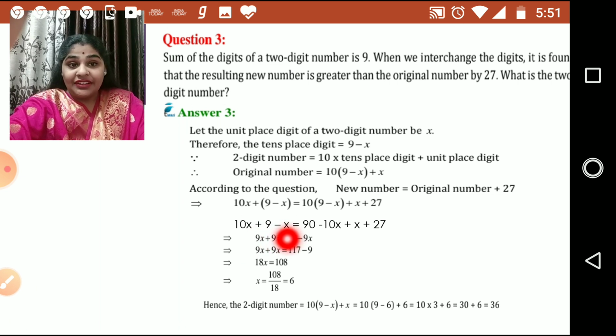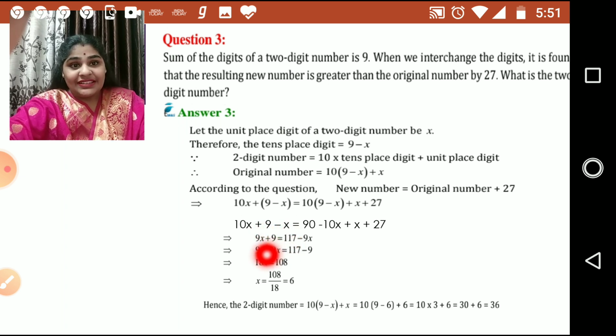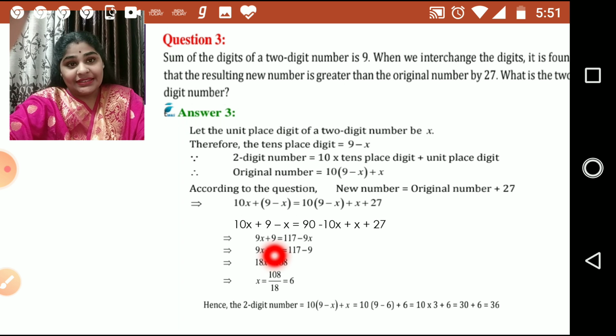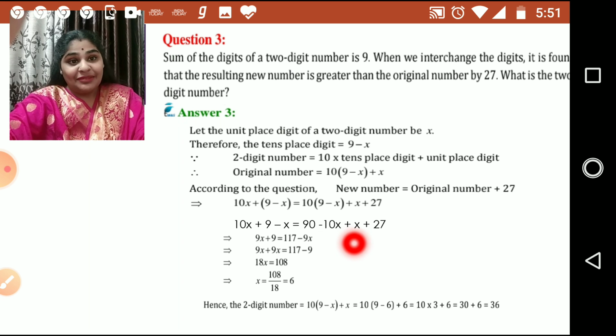Minus x means the variable x has the constant 1 with it, nothing means 1. So 10x minus 1x is nothing but 9x. So the left-hand side will be 9x plus 9 as it is, which is equal to, now here is minus 10x plus x will be minus 9x, and 90 plus 27 will be 117.